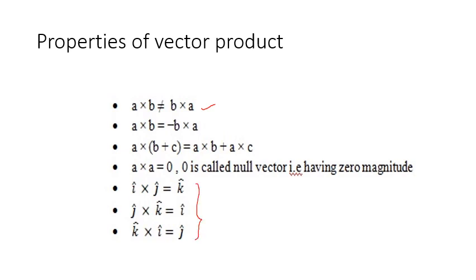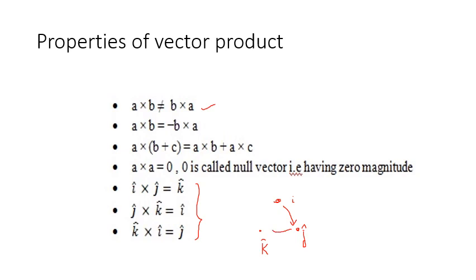i cross j equal to k. j cross k equal to i. k cross i equal to j. So imagine like this, we have 3 vectors, 3 unit vectors i, j and k. When you multiply i and j, you will get k. If you multiply j and k, you will get i.